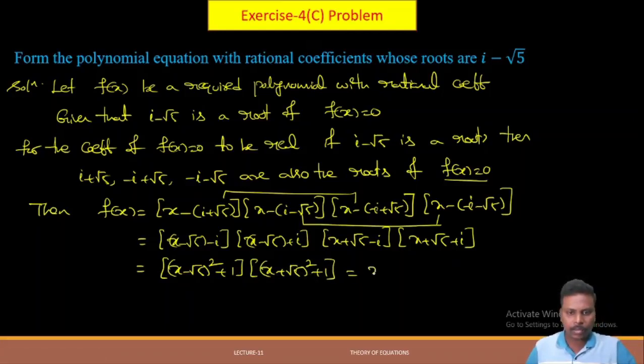That is equal to x square minus 2 root 5x plus root 5 whole square, which is 5, plus 1, that is equal to 6. And the other is x square plus 2 root 5x plus 6.